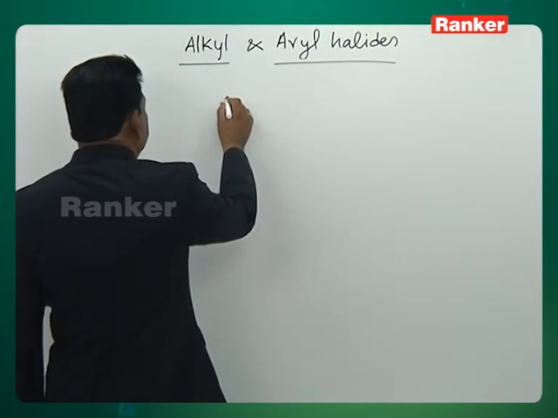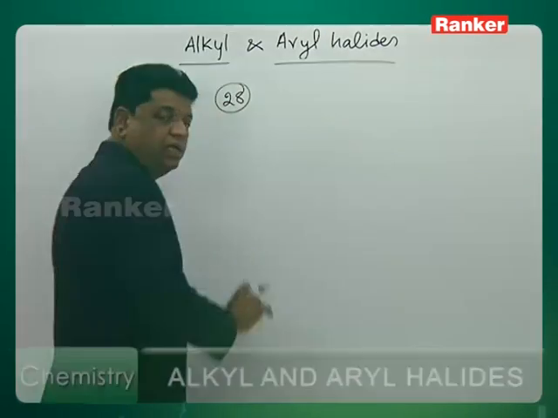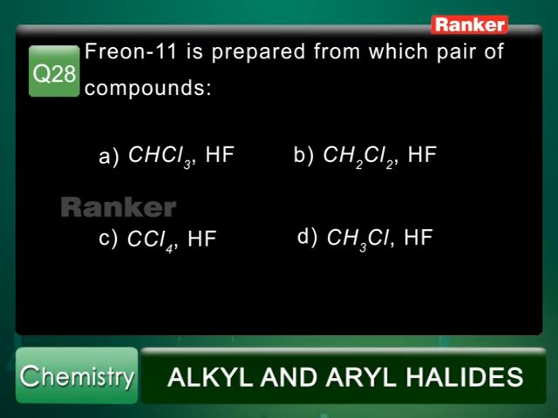Go to question number 28. The freon 11 is prepared from which pair of compounds? Option A is chloroform plus HF, option B is dichloromethane and HF, option C is carbon tetrachloride and HF, option D is methyl chloride, CH3Cl, and HF.